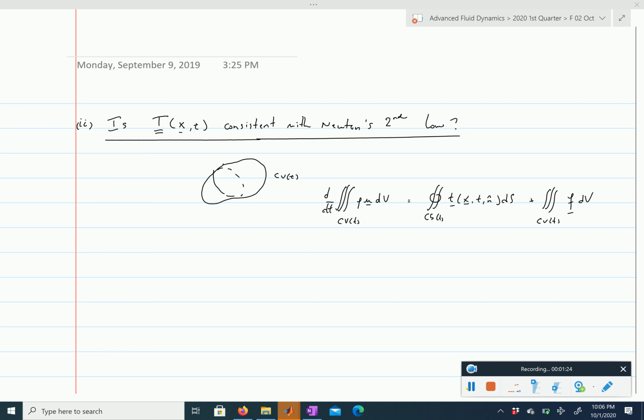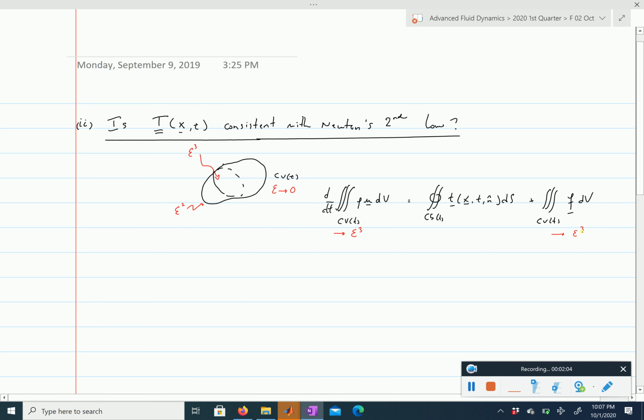Now, the stress tensor really represents the state of stress, or the forces exerted inside of the continuum, at a local point. So it makes sense to shrink and to think about what happens when this control volume becomes infinitely small. If we make the dimension of this control volume epsilon, and epsilon goes to 0, then you know that the volume is going to scale with epsilon cubed, and the surface is going to scale with epsilon squared. So this integral here, eventually, when we go to 0, will tend to epsilon cubed.